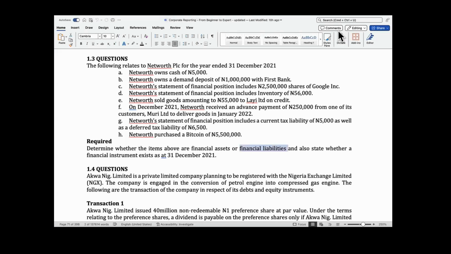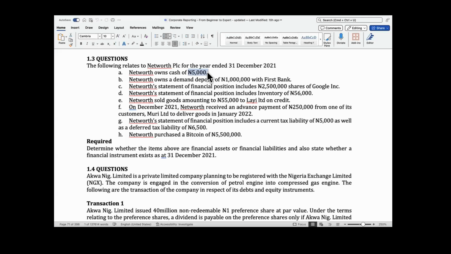Okay. So the first one, they say that Networth owns cash of 5,000. I know that cash is a financial asset. So yes, there is a financial asset, because a financial asset is any asset that is cash. However, in this case, we don't have any other party that has either a financial liability or equity.